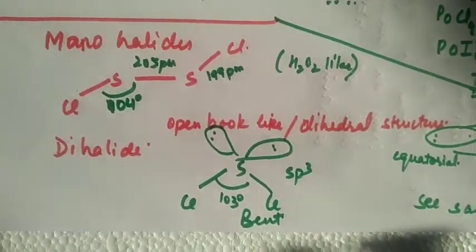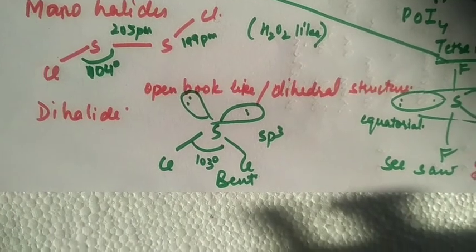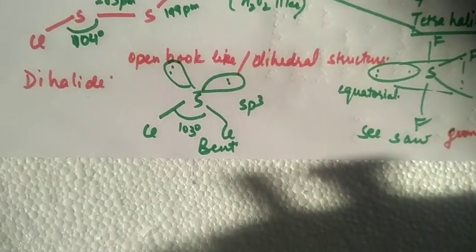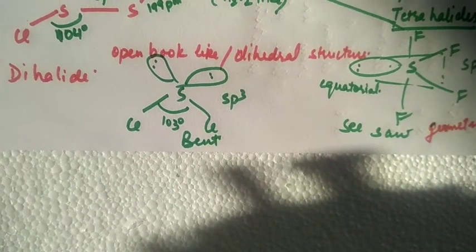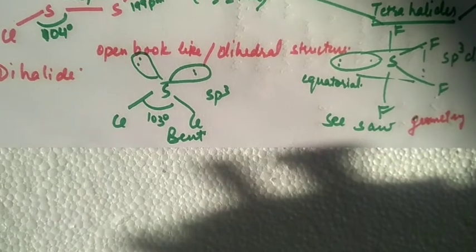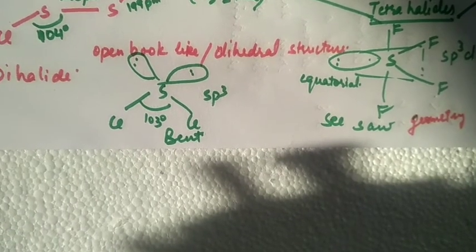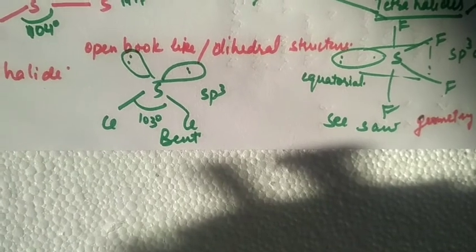This structure is similar to hydrogen peroxide. In sulfur dichloride, sulfur shows sp3 hybridization. Of the four sp3 hybrid orbitals, two are occupied by lone pairs of electrons. Bond angle is 103 degrees and the structure is bent.